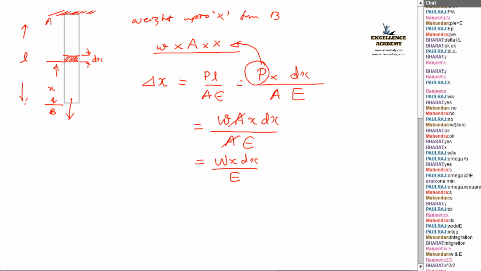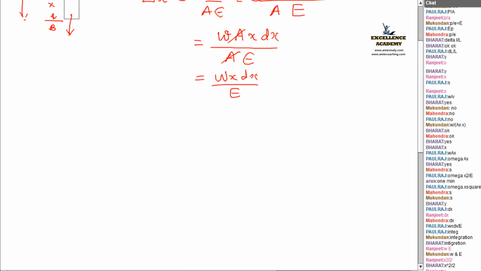I want to find out the total deformation, that is from 0 to L, so you have to integrate this. Delta L equals integral 0 to L w by E x dx. w by E is a constant, I can take it outside. w by E into integration of 0 to L x dx is carried out.